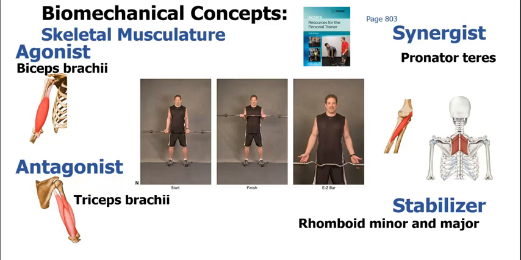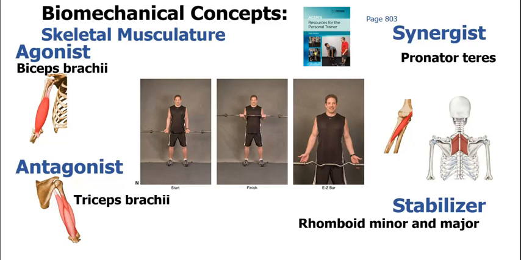When you perform this exercise, the bicep muscles cause the movement by flexing the elbow. In this case, we refer to the biceps as the agonist, as it is directly responsible for bringing about the movement. The antagonist is the muscle that opposes or resists the movement.